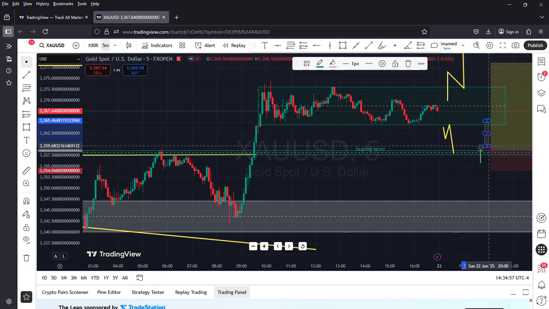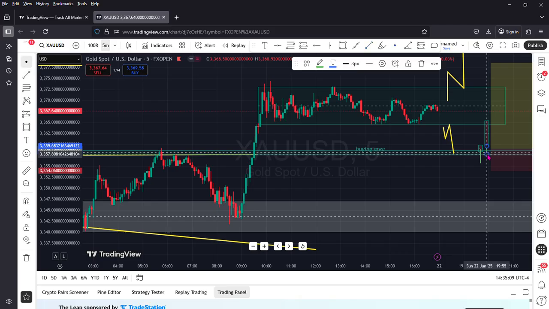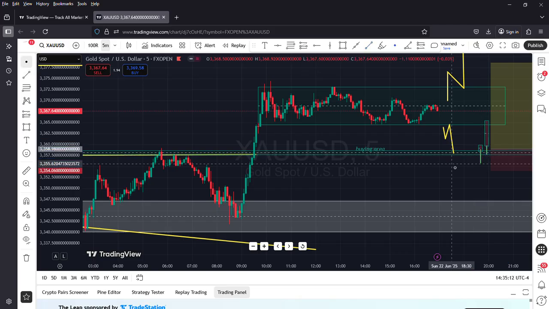So that is all it is. When it is like this, the wick will be here. That means you are moving to the upside. That is just the scenario.